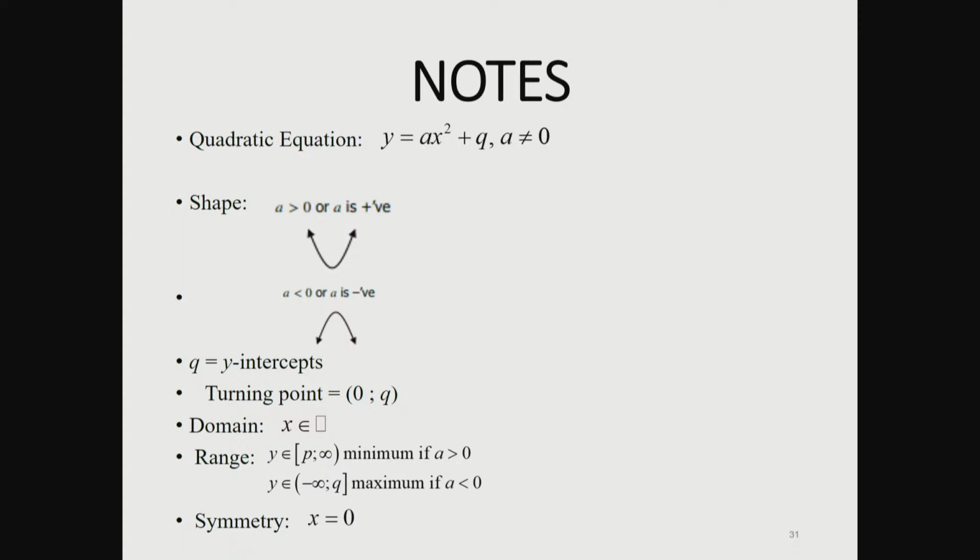That is where the graph turns. In this case, the graph turns at this point here. We need to know the coordinates of this point. Very, very important. You must be able to determine the coordinates of the turning point. But one thing that you have learned from the investigation is that q will always be the y value at the turning point.